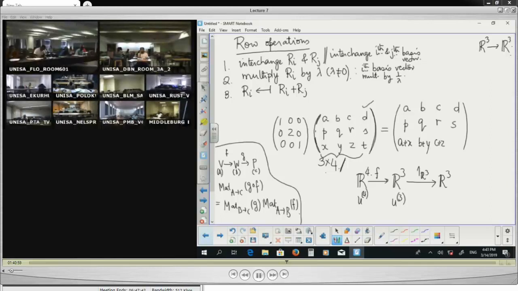So, what should be my matrix here? I'll give you the matrix. So what should be the first row? 1, 0, 0, good. Second row? 0, 1, 0. What should be the third row? 1, 0, 1. Right?